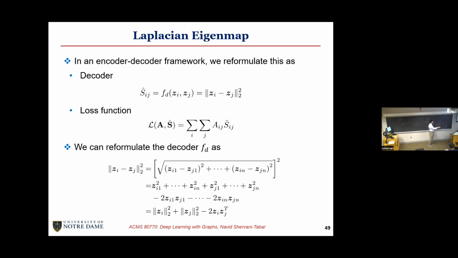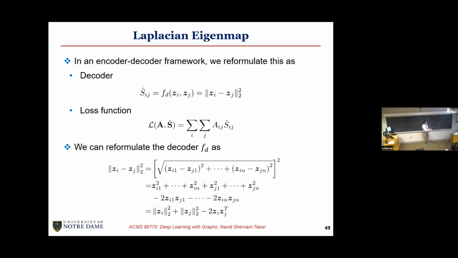Then I can arrange this so that I have all the Zi squares next to each other, all the Zj squares next to each other, and then the Zi1, Zj1 terms next to each other again. I can rewrite this in matrix format. This one is just the squared L2 norm of Zi, this is the squared L2 norm of Zj, and this one is just minus 2 times the inner product of Zi and Zj.